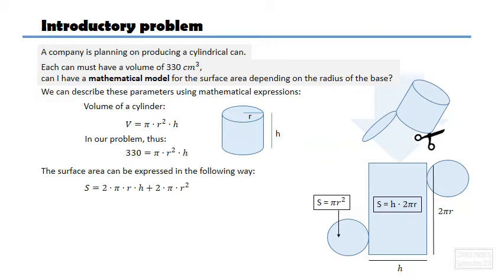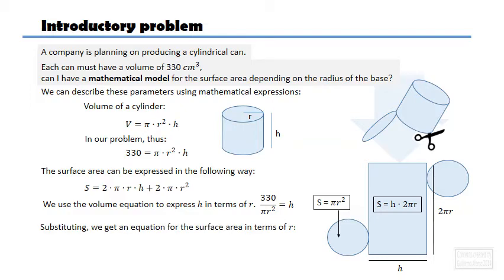Now, combining these two formulas, I can have a mathematical model for the surface area depending on the radius of the base. First of all, I use the volume equation and I put the height in terms of the r. So if you tell me the radius is 4, I calculate the height for a volume of 330. If you tell me the radius is 1, I calculate the height for a volume of 330, and so on.